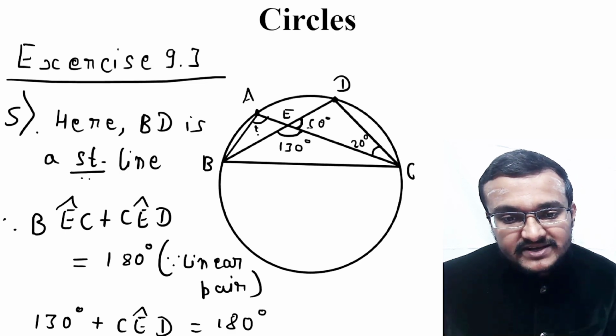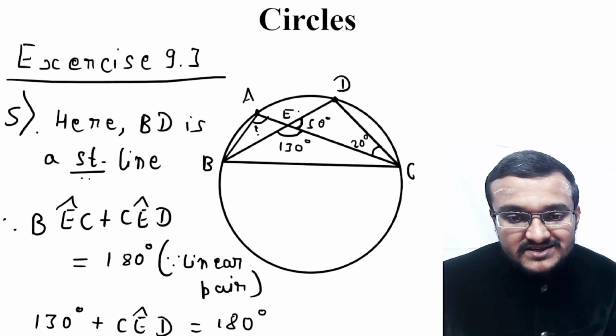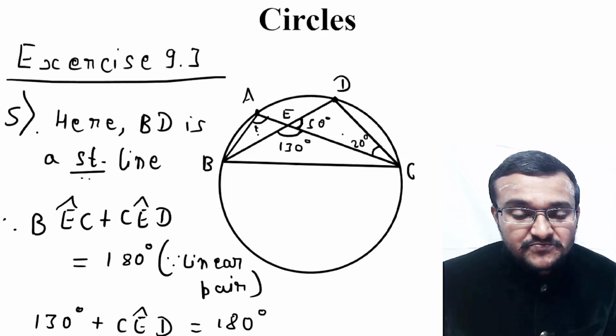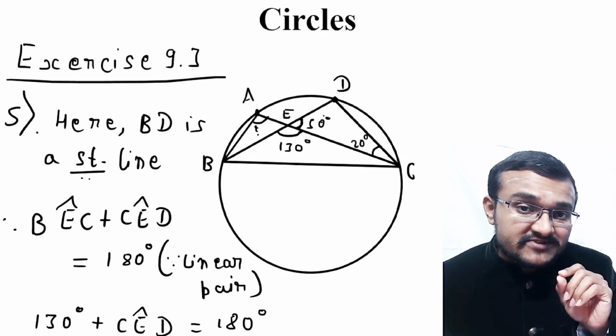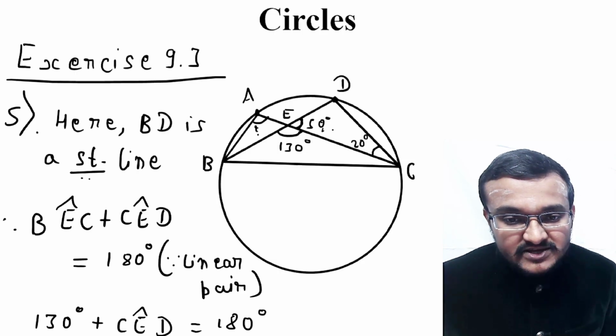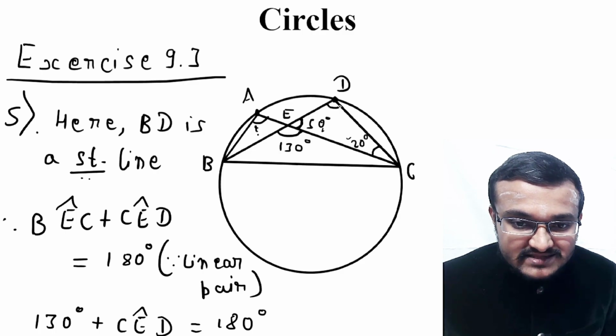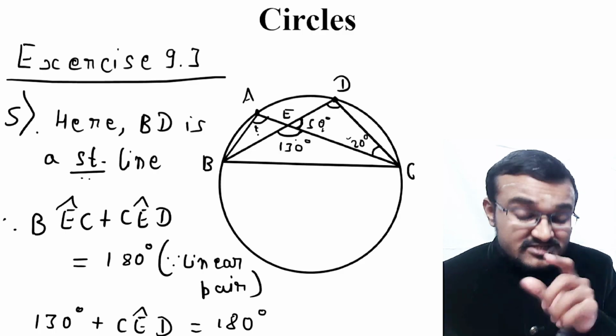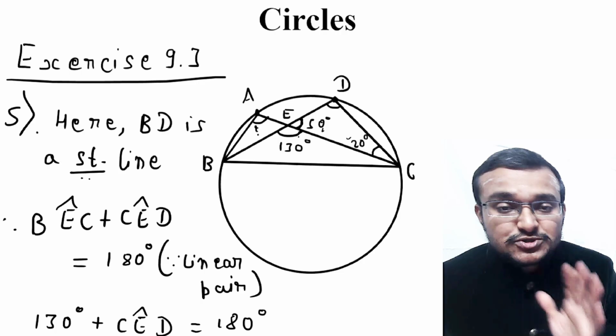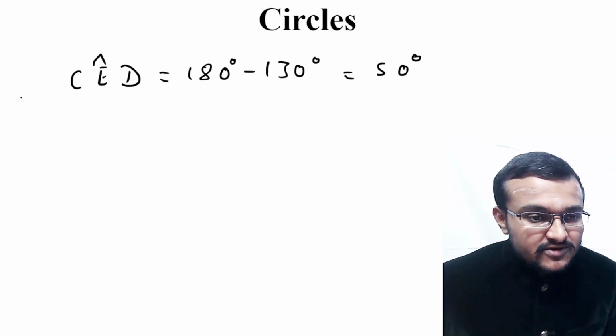If CED is 50 degrees, then you can consider triangle DEC, and the sum of interior angles of a triangle is equal to 180 degrees. Therefore CED is 50 degrees.